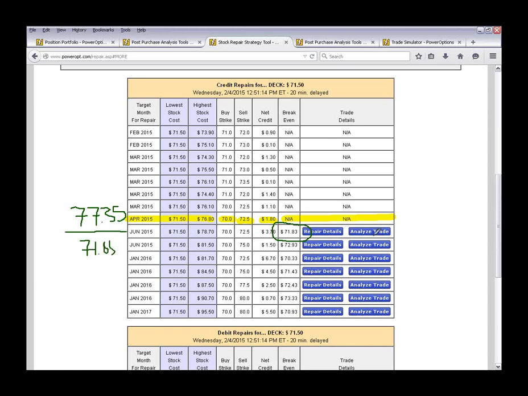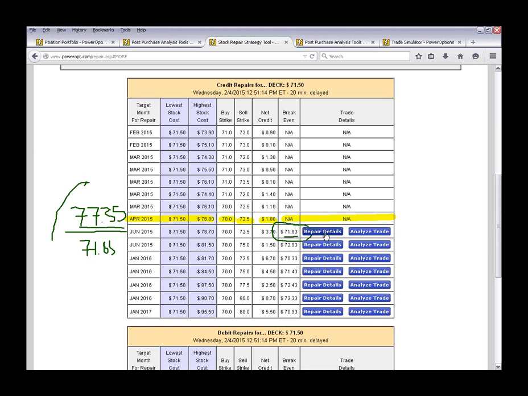Stock's trading at roughly $71.50, so this position doesn't require a large movement back up. We also don't have to worry about receiving a large upfront premium by going 10 to 12 to 15 months out in time.